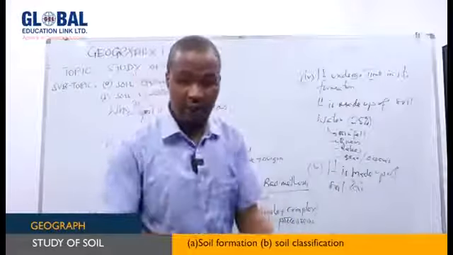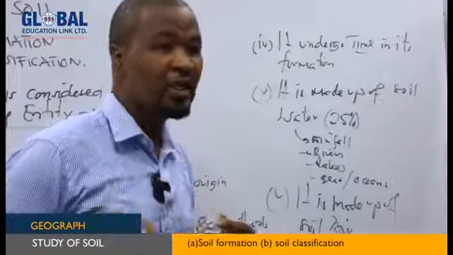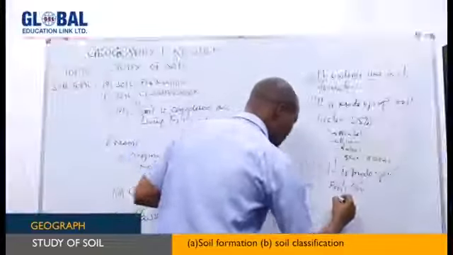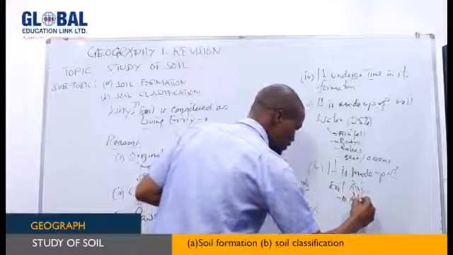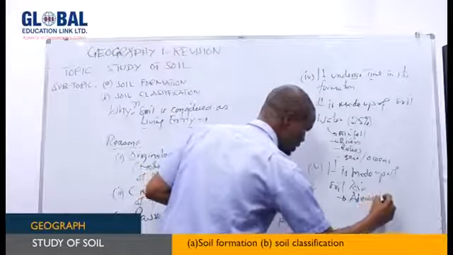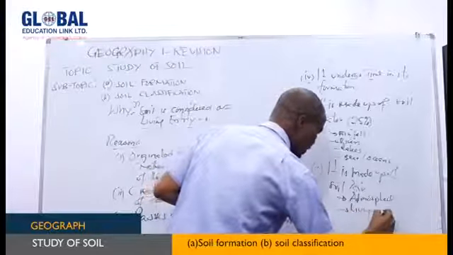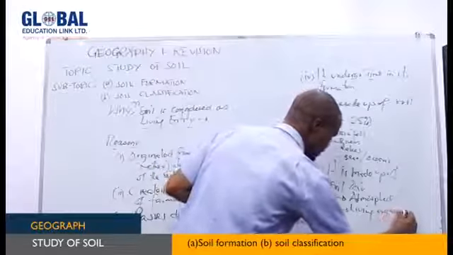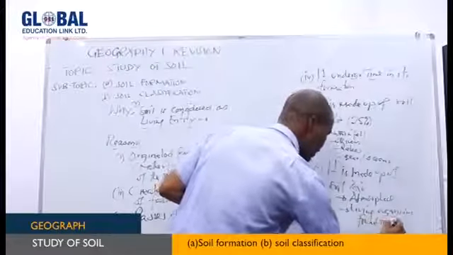Soil needs air to be more productive. We need air to be active and to survive. So at this point, where does soil air come from? It comes from the atmosphere, or from the micro-living organisms found inside the soil.